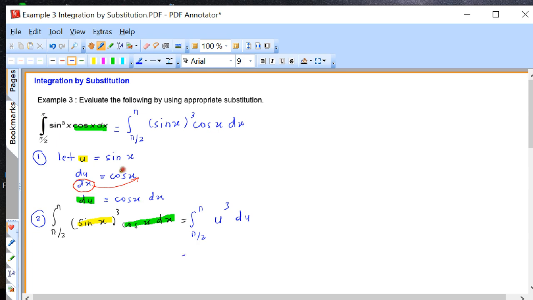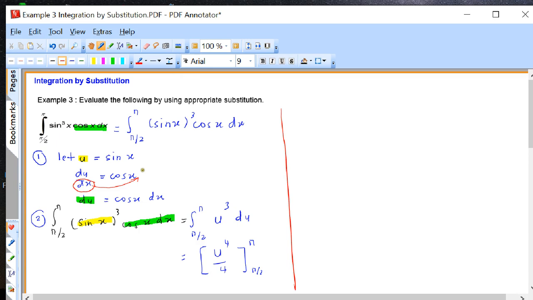So next step, you're going to integrate the u to the power of 3. So you have u to the power of 4 over 4, with limits from pi over 2 to pi. Next step, you cannot substitute the value of pi and pi over 2 into u, because pi and pi over 2 would be values of x.